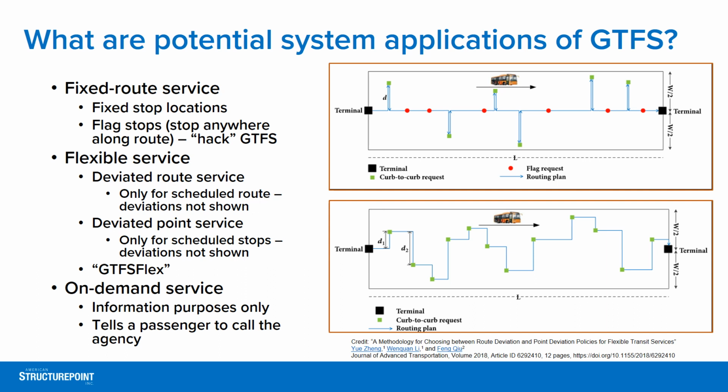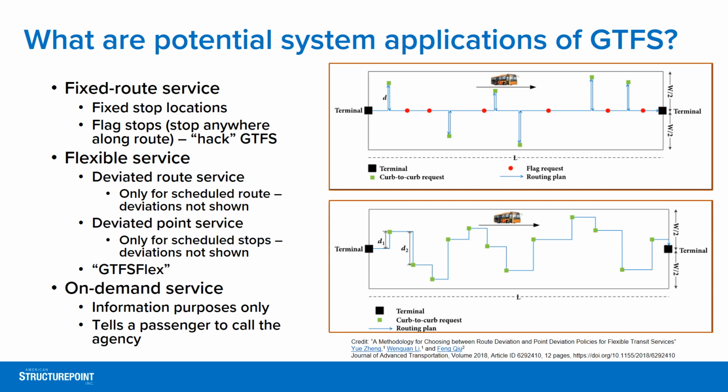Again, be advised that if you choose to apply GTFS for this route, the route is still going to show up on Google Maps or other applications as a fixed direct route. And you have to be the judge yourself of whether that's potentially misleading for your customers.